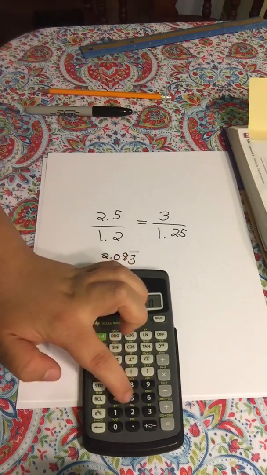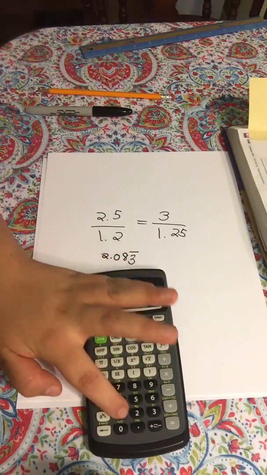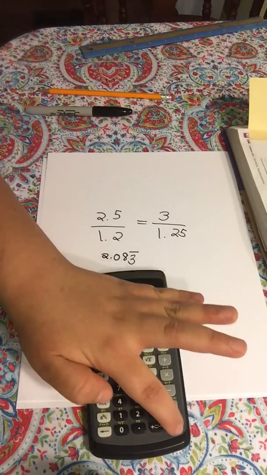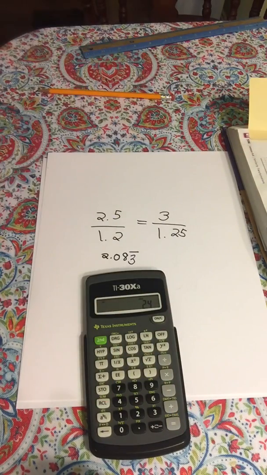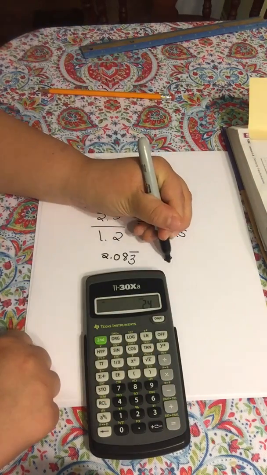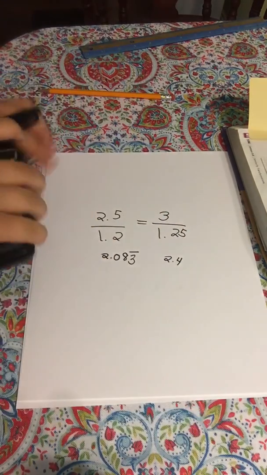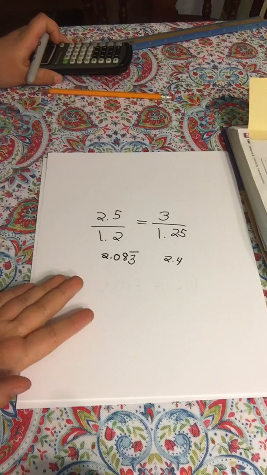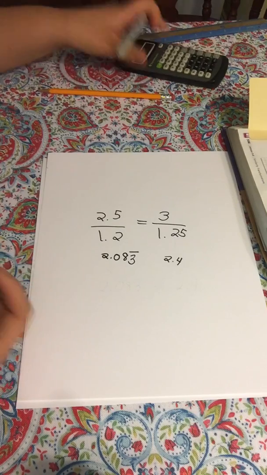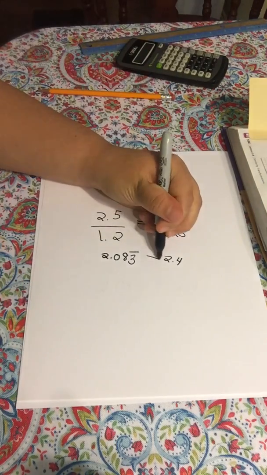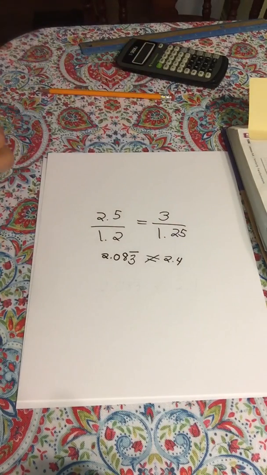So 3 divided by 1.25 is equal to 2.4. As you can see, the numbers aren't equal to each other. So, because the scale factors aren't the same, the tattoo is not a dilation of the original design.